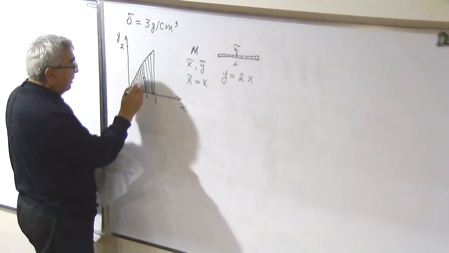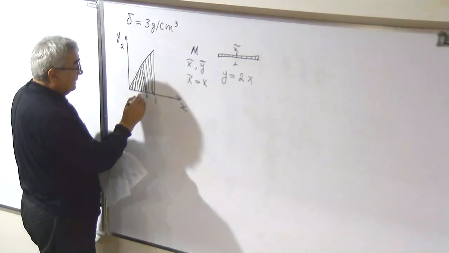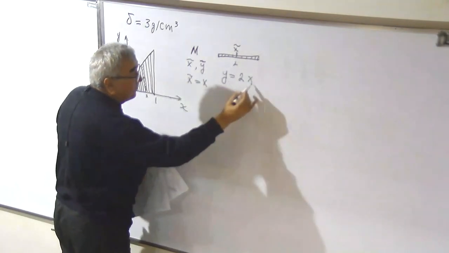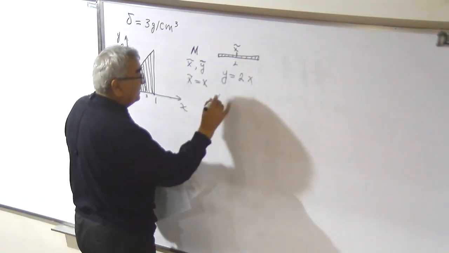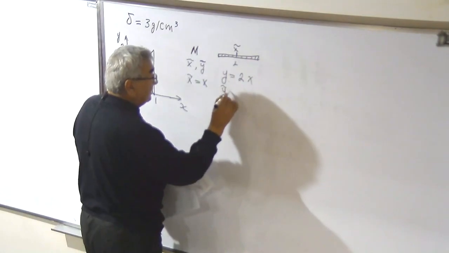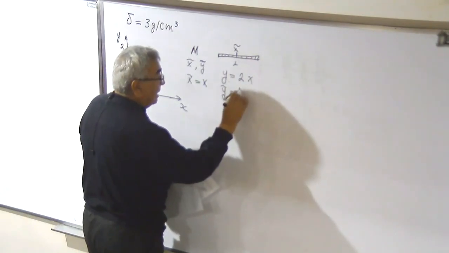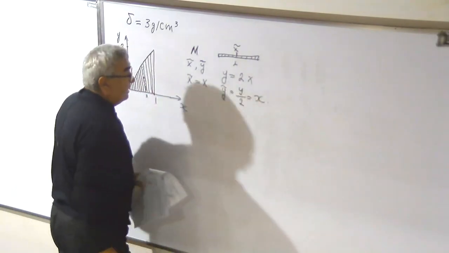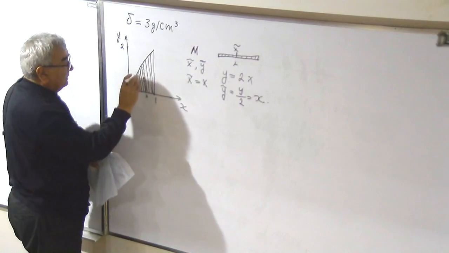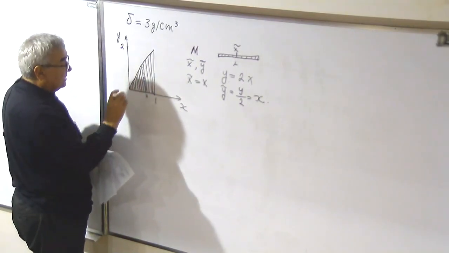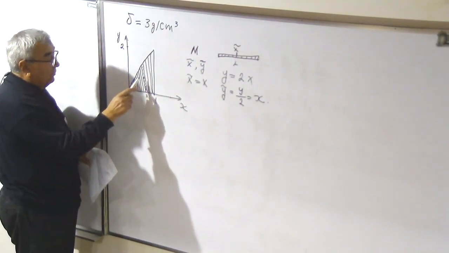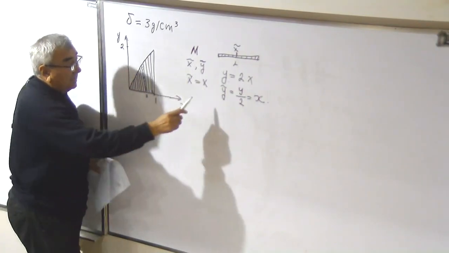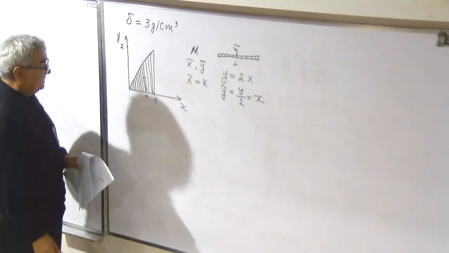At the point with coordinate x, the center of mass will be exactly half of y. That means y tilde equals y divided by 2, which is x. So we know the center of mass for the considered strip: one coordinate will be x, the other coordinate will also be x. Okay.